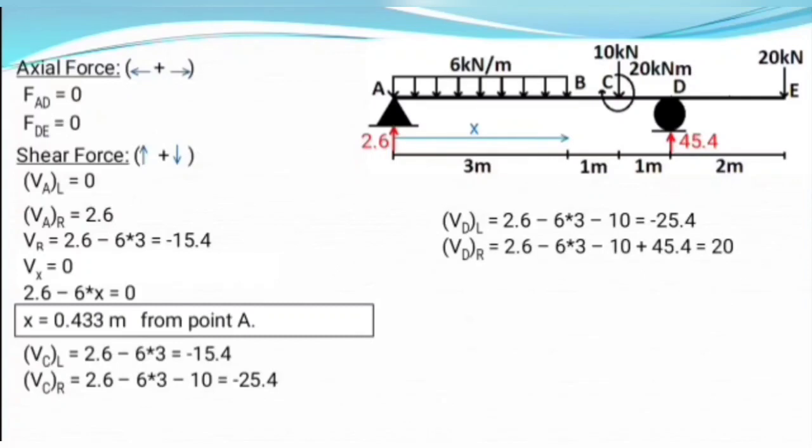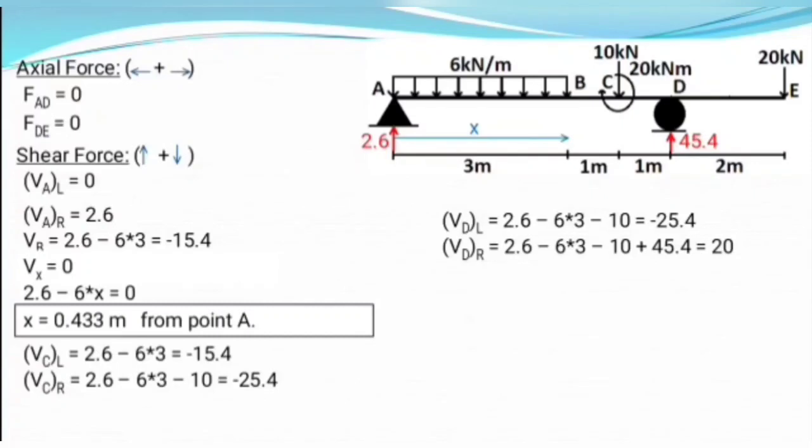And at just right of D, again considering all the vertical forces on the left, we have 2.6 upward, 6 into 3 UDL force downward, 10 kilonewton force downward, and a point force at point D of 45.4 kilonewton acting upward, so it is taken positive.